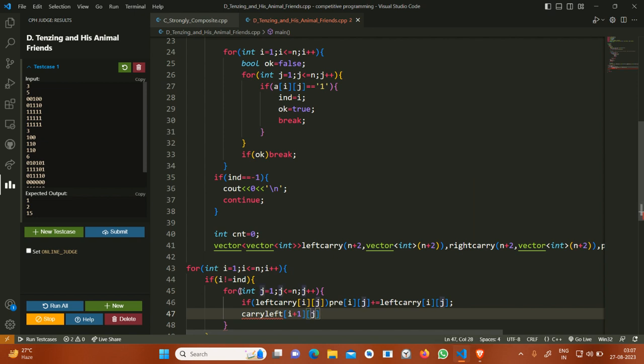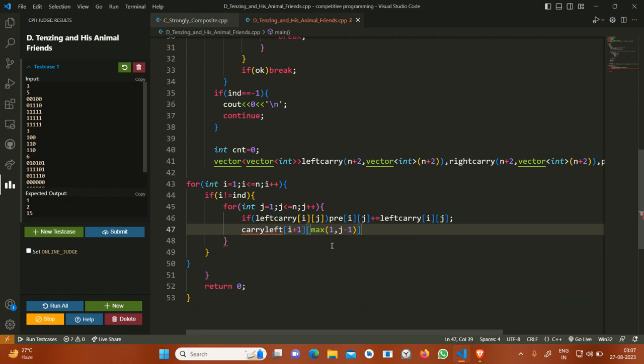I am doing max of 1 comma j minus 1 because it may happen that j minus 1 would be less than 0, so that may go out of bound. What have I done wrong? Oh sorry, it was left carry. Left carry plus equals left carry i comma j.